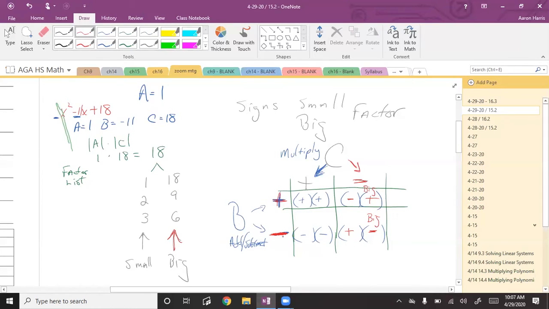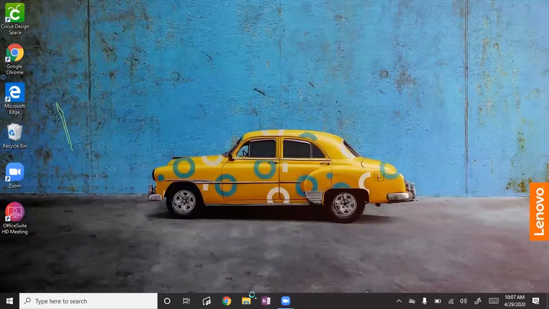So let's look over here. C is positive, B is negative. So I automatically know I'm going to have two negative numbers. So I make negative, negative, negative, negative, negative, negative. Put equal signs. Uh-oh, it crashed out.